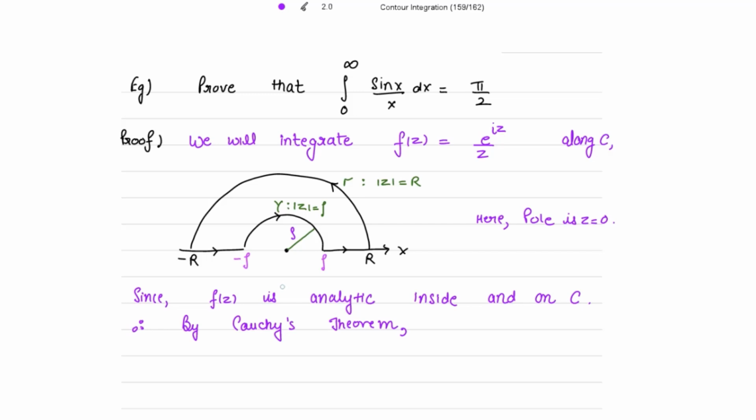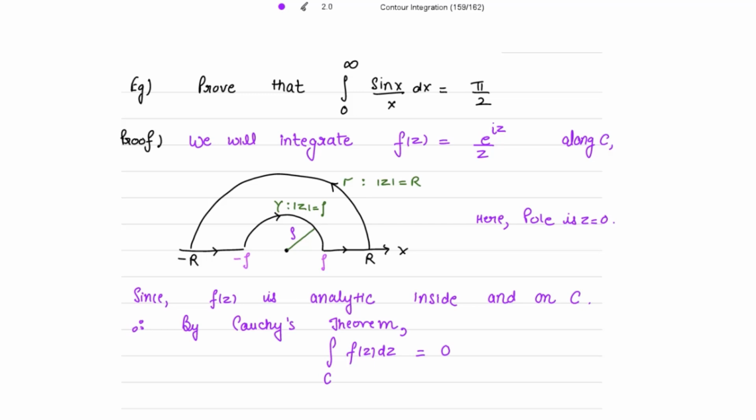Till now we have done the examples where the poles lie inside the contour. But because the pole is now outside the contour and the function is analytic inside and on this contour C, by Cauchy's theorem I write the integral over this whole complete contour of f(z) dz is equal to 0.